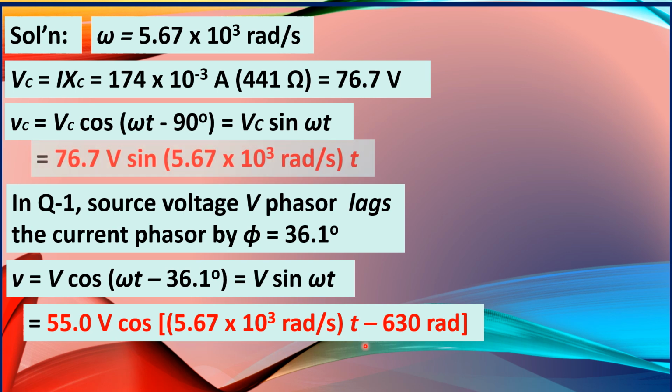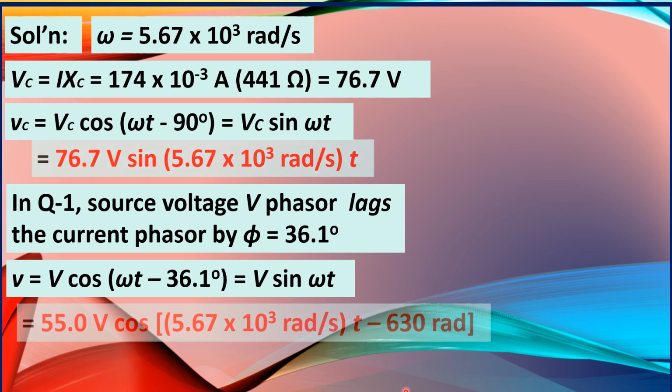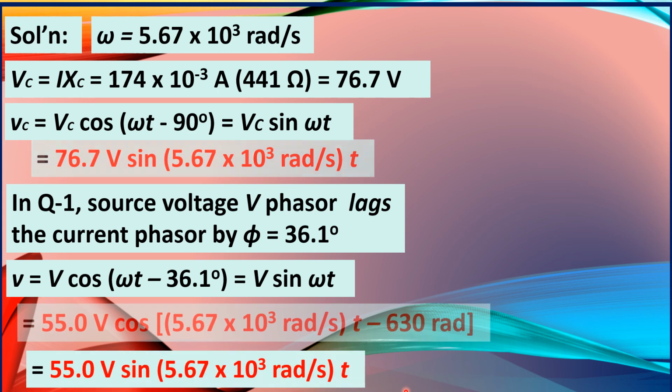This is the radian equivalent of 36.1 degrees. Or you may also use the sine function, V multiplied by sine omega t. That is, small v can also be expressed as 55.0 volts multiplied by the sine of the angle 5.67 times 10 to the third radian per second times t.